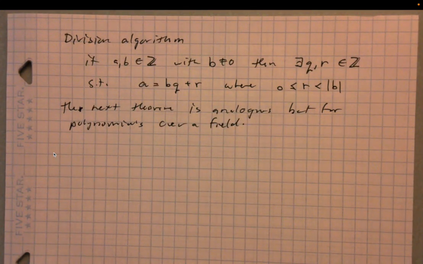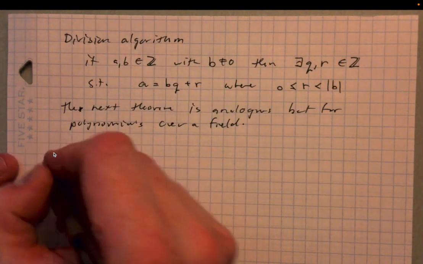Remember, a field is just a ring, but with every element being a unit, right? So it's a ring with unity, and in addition to that, every element is a unit, meaning all of the elements in the field have multiplicative inverses. Okay, so the integers are not a field, right? They're a ring, but they do not have multiplicative inverses for all of the elements.